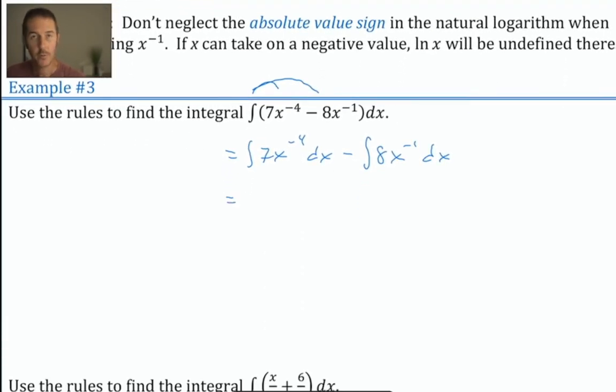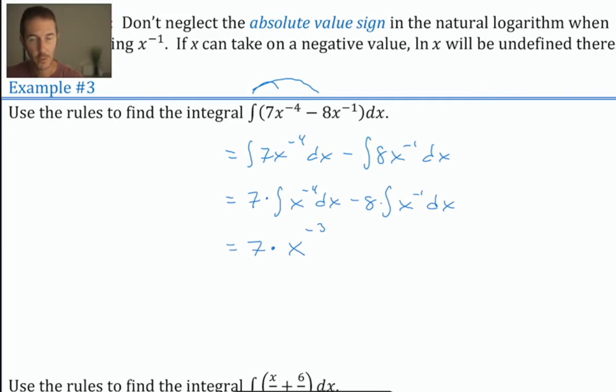And now we could use that constant multiple rule, so we could factor the 7 out of the integration process. 7 times the integral of x to the negative 4 with respect to x minus 8 times the integral of x to the negative 1 with respect to x equals, now we're going to keep the 7 times, I'm going to keep my variable, I'm going to increase the exponent by 1, negative 4 plus 1 equals negative 3.